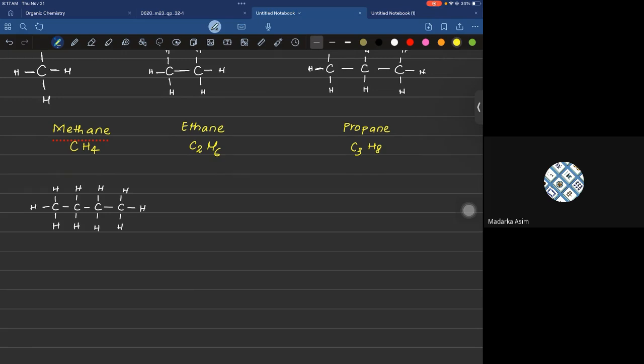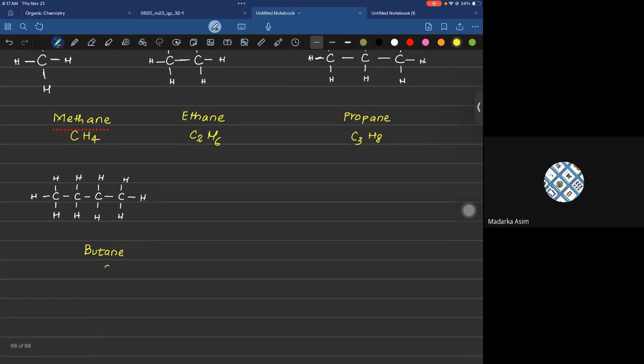You would say four, which is but, and a single covalent bond. So I would write ANE. So this would become butane. And the chemical formula for butane is C4H10. It's very easy. So this is how we are going to draw the structure for different alkanes.